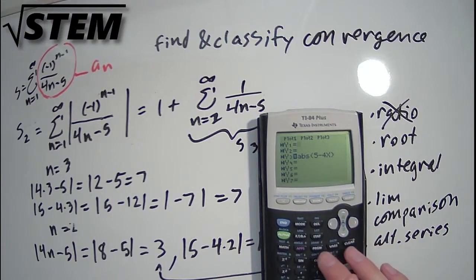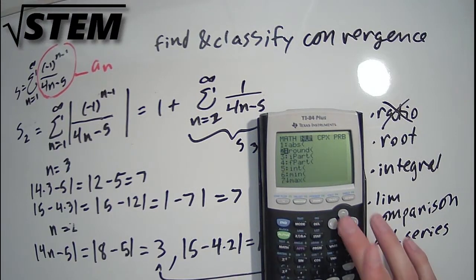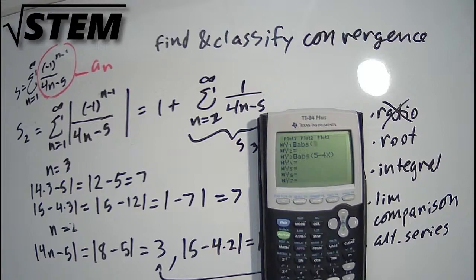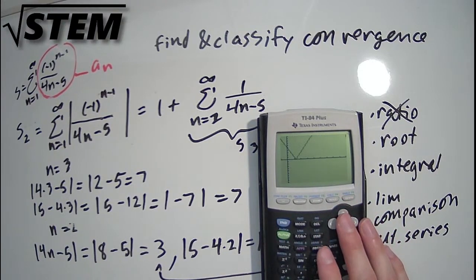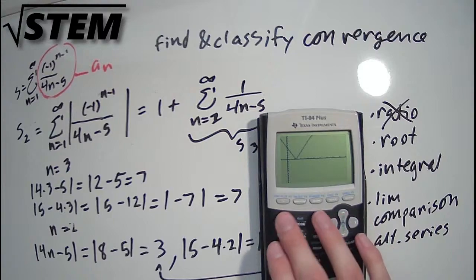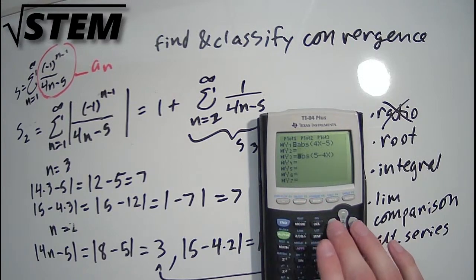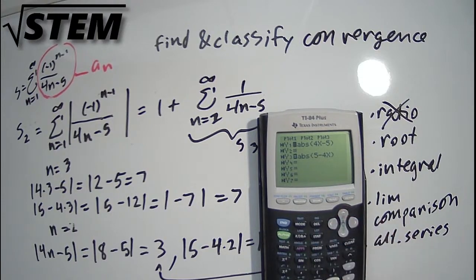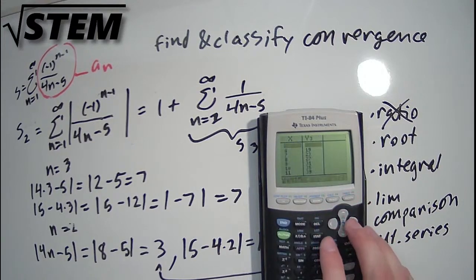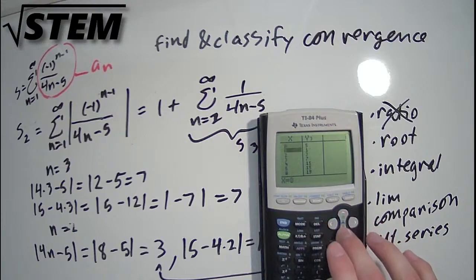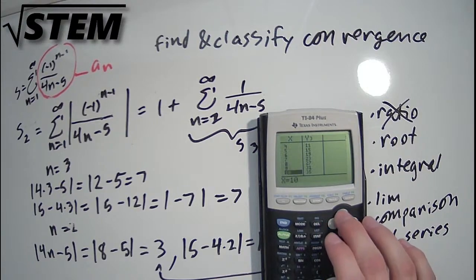So here we'll do absolute value of 4x minus 5. Okay, how do I know which one I'm looking at? Okay, so this is y3. 1, 3, 7, 11, 15, 19.